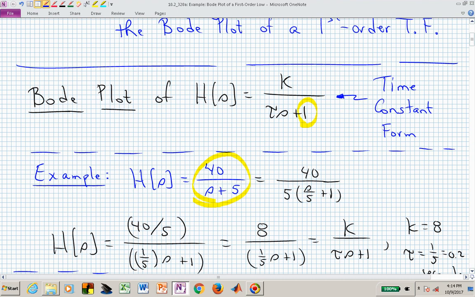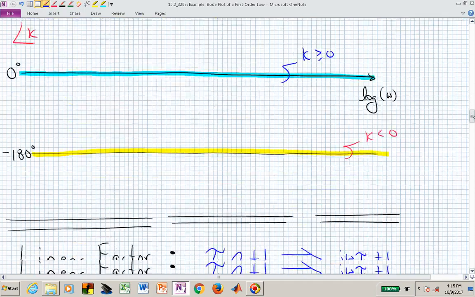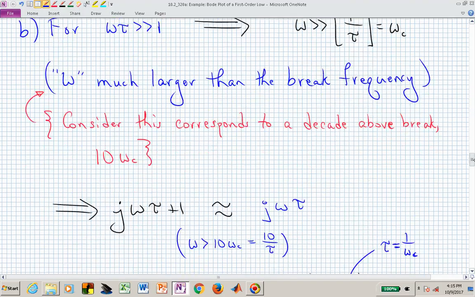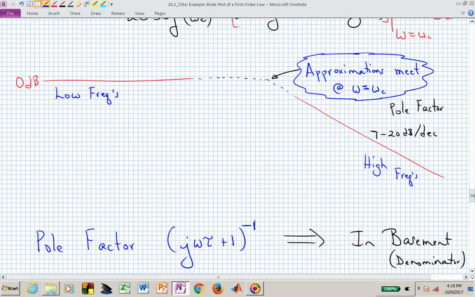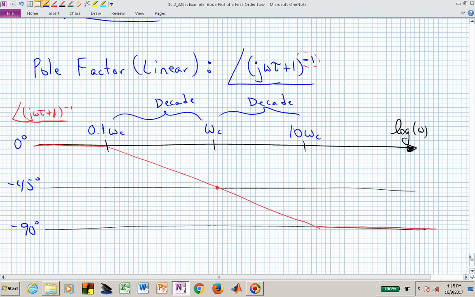That puts it in time constant form, and we can identify the appropriate gain and the time constant tau for our particular situation. I hope that helps you understand why we can quickly sketch this magnitude behavior and this phase behavior for a linear first order factor.